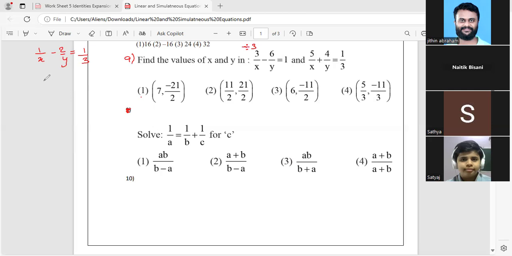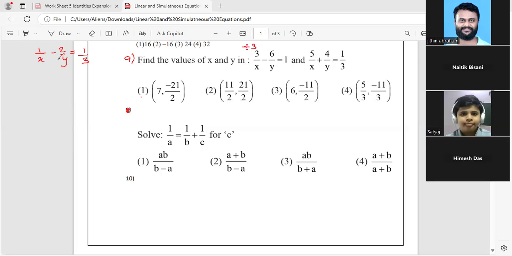Yes, sir. Now the second equation is 5 upon x plus 4 upon y is equal to 1 by 3. So your ultimate target remains the same. All you have to do is eliminate one variable by making them the same. I see that here I already have 2 upon y, here I have 4 upon y.